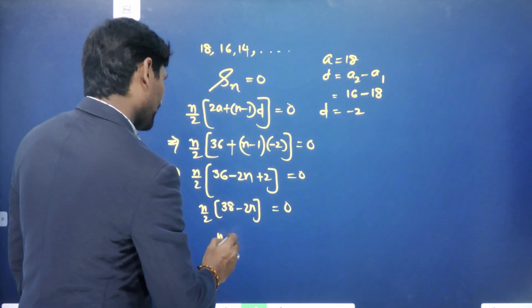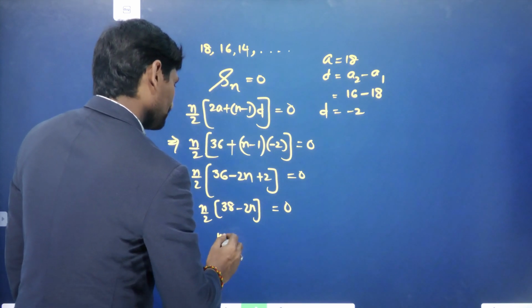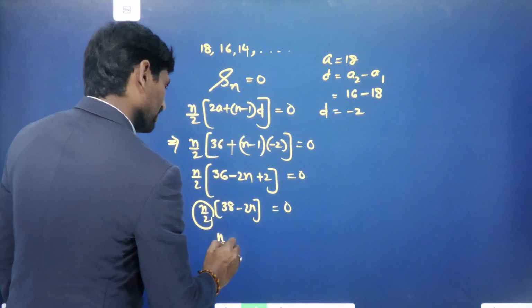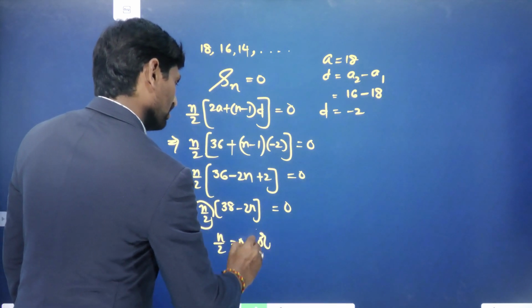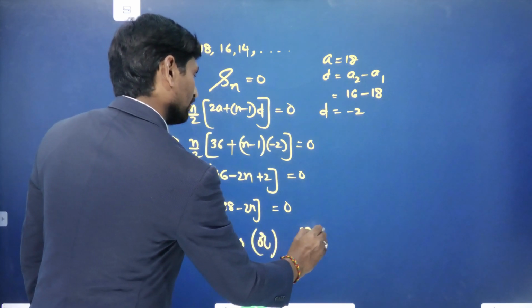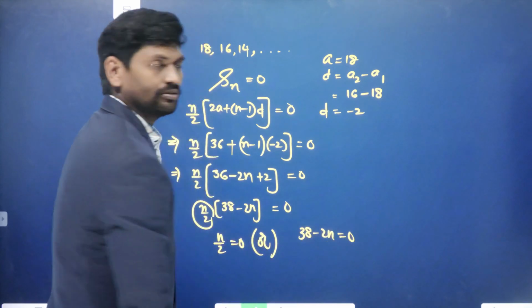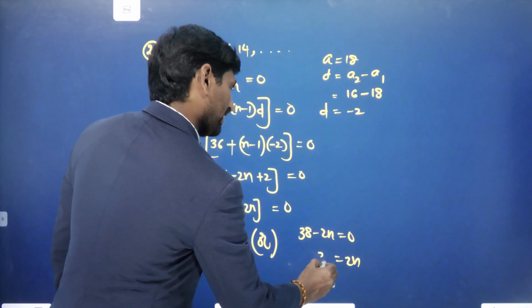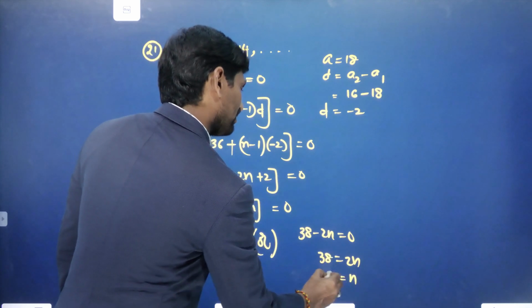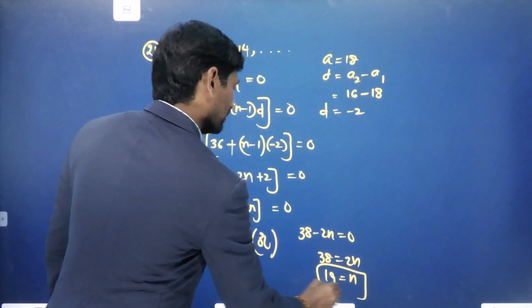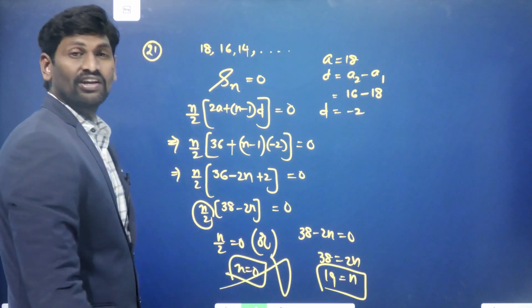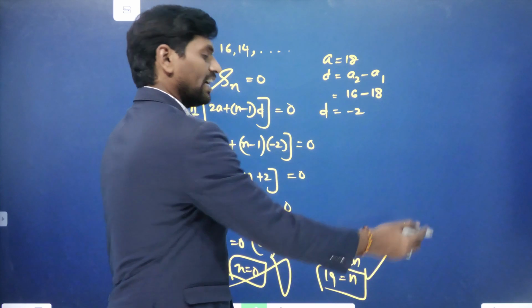So we have n/2 equal to 0, or 38 minus 2n is equal to 0. So 2n is equal to 38. Therefore n is equal to 19. Here the other n value is 0, but 0 cannot be our answer, so we choose n equal to 19.